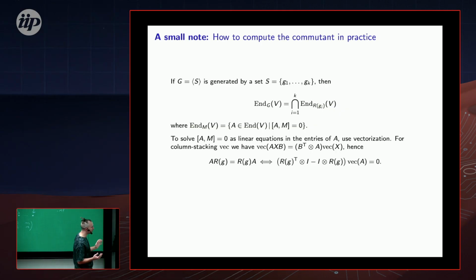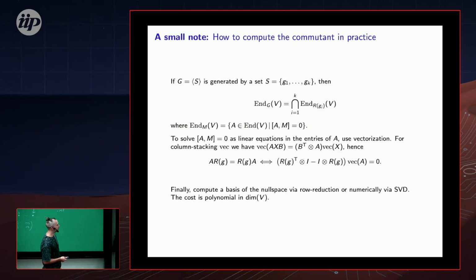If we know R_g, we can compute this as a very big matrix and find the null space, and those are the A that commute with it. You repeat this for all the generators, and you take the intersection.